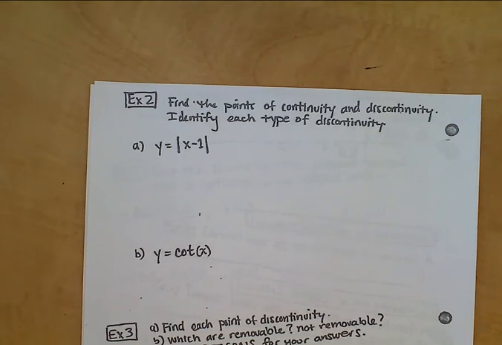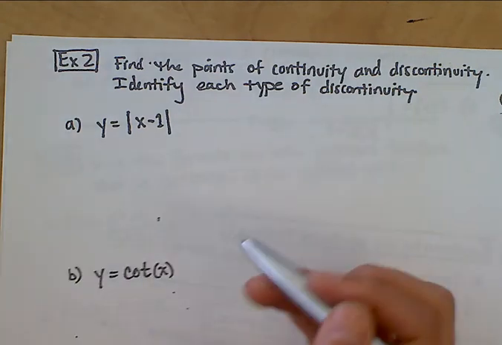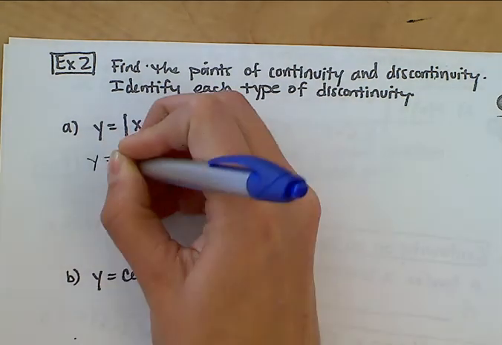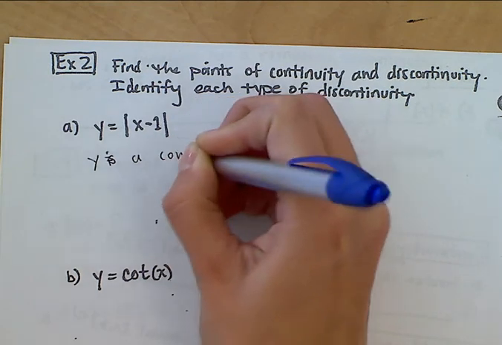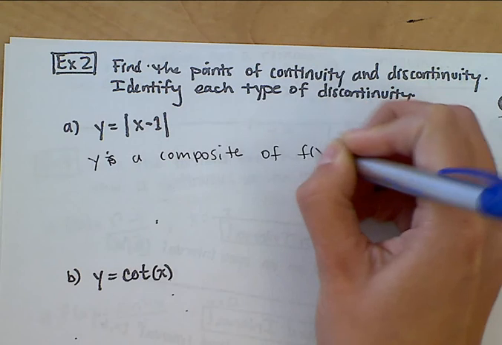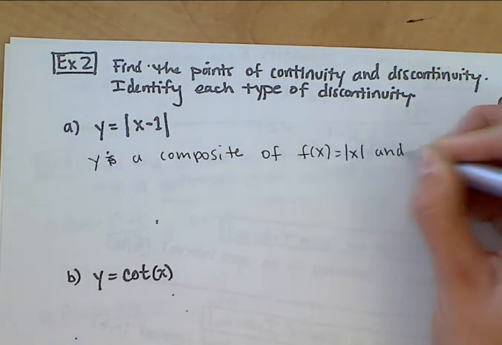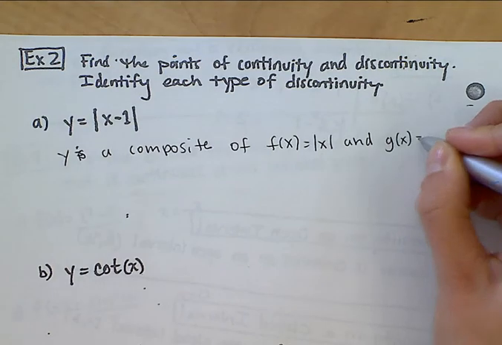So this first example, we have y equals the absolute value of x minus 1. So I can think of y as a composite of f of x equals the absolute value of x and g of x equals x minus 1.